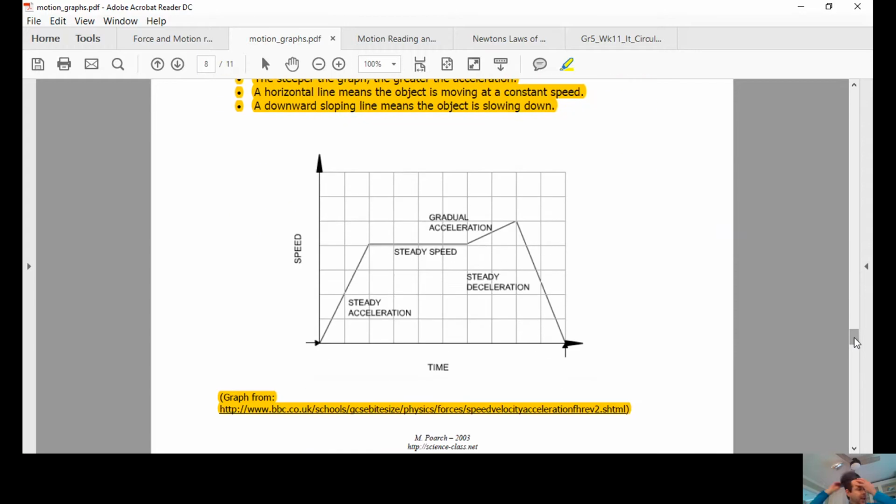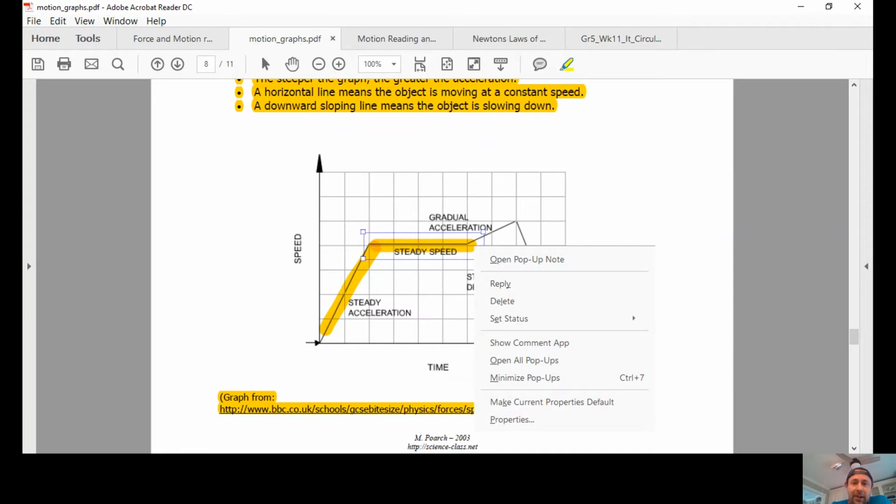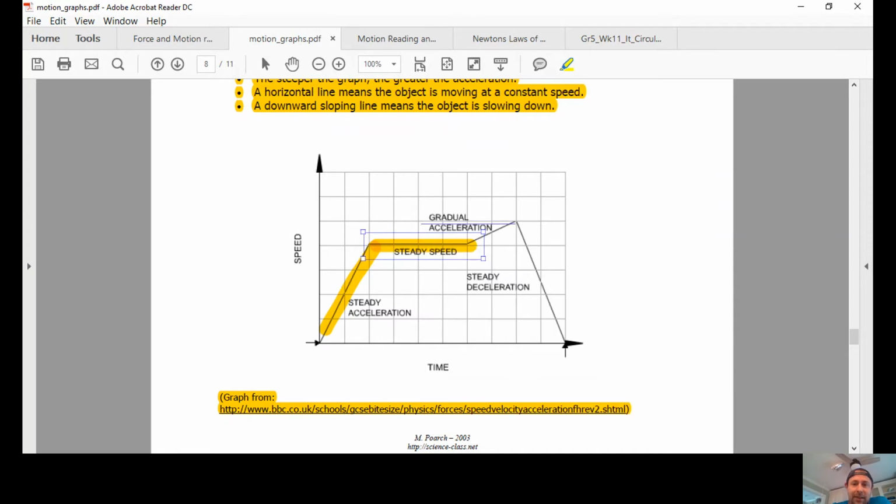Here we have a motion, speed, and time graph. This is steady acceleration. This is constant speed. This is where you're speeding up. The way I look at this is like being on the highway. We're trying to pass somebody, so we speed up. Then a traffic jam's coming, so we have to, not necessarily slam on the brakes, but slow down gradually.